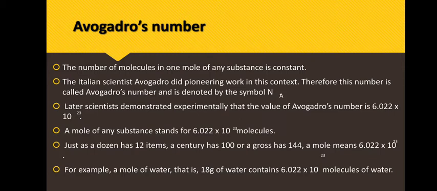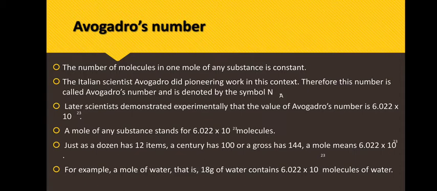So 1 mole will always have 6.022 into 10 raised to the power 23 molecules. Just as in 1 dozen you always have 12 units, and those 12 units can be of anything. It can be pen, it can be pencil, it can be pineapple, whatever it is. Here also 1 mole of any substance will have a fixed number.